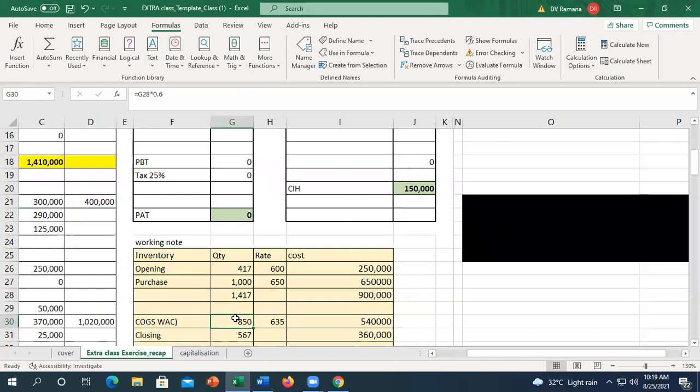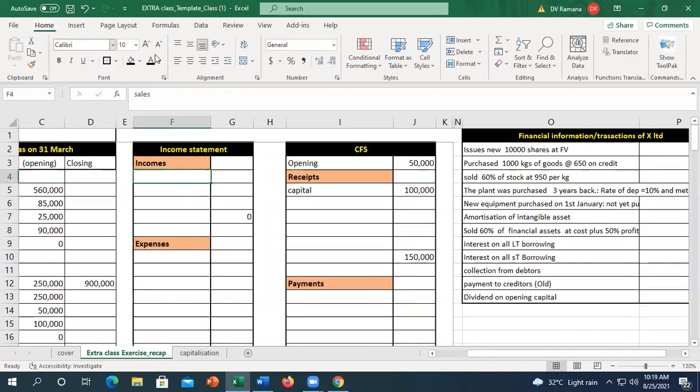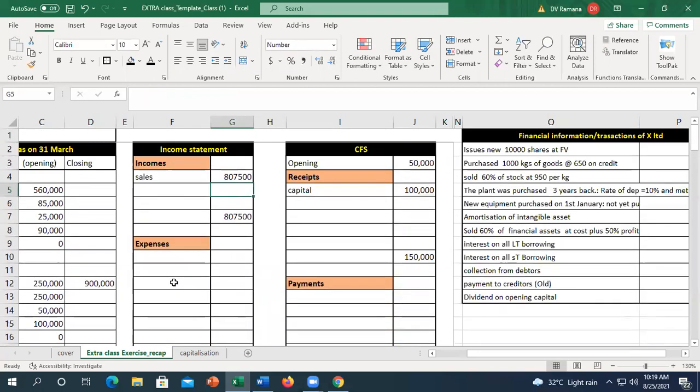At what price? At 950. So the sales will be 850 into 950. Sales is 807,500. Is it for cash or credit?